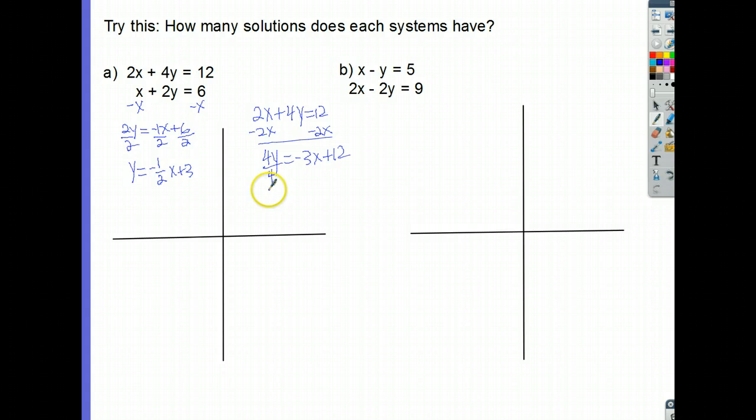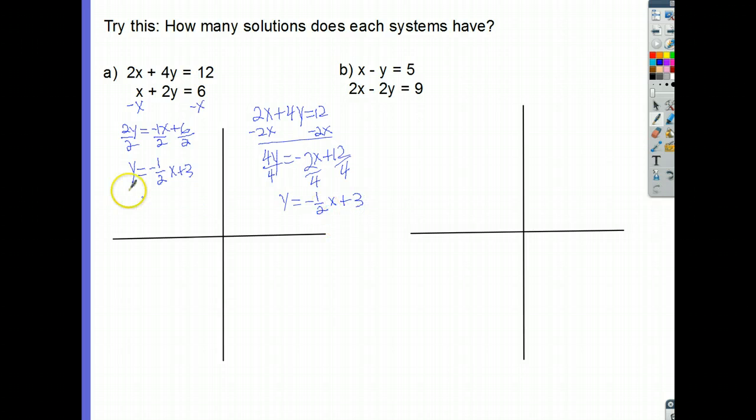Not liking the way that's turning out. Oh, that's a 2x, not 3x. Let's go ahead and do a little erasing here. That should be 2x. And divide everything by 4. And we get y equals negative 1/2 x plus 3.